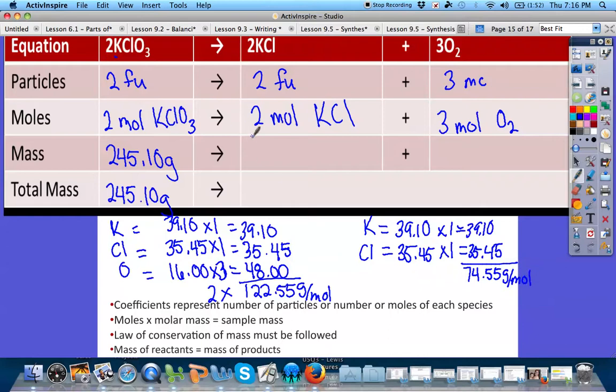And then, this is 1 mole, we have 2 moles. So we need to multiply this by 2. And you should get 149.10 grams. And then for oxygen, the average atomic mass is 16, but we have 2. So that's going to be 32 grams per mole.